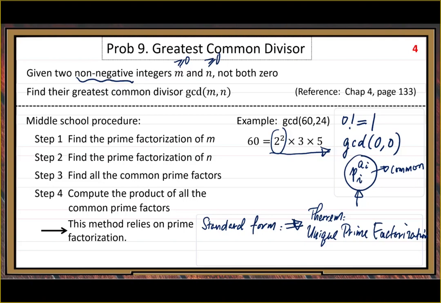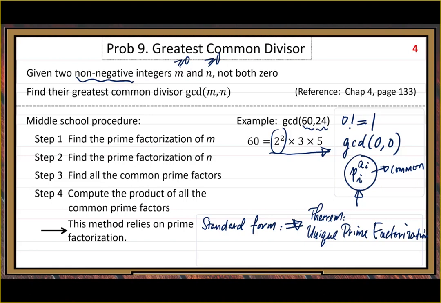Prime factorization, although some of you may realize, when m and n are relatively large. Here we just consider 60 and 24, relatively small numbers, so the prime factorization is pretty easy.